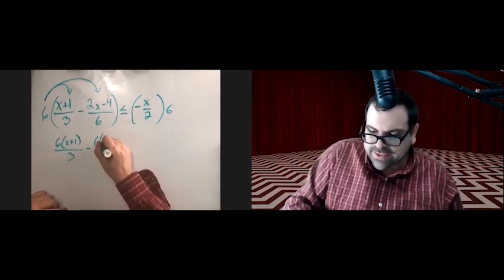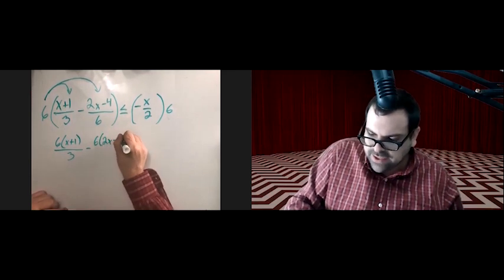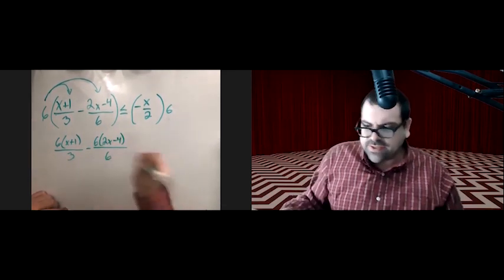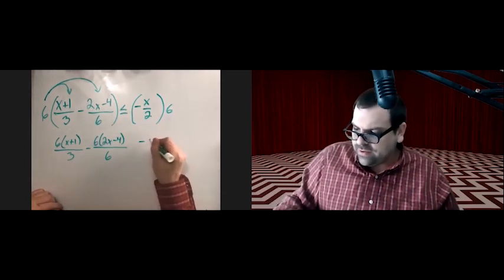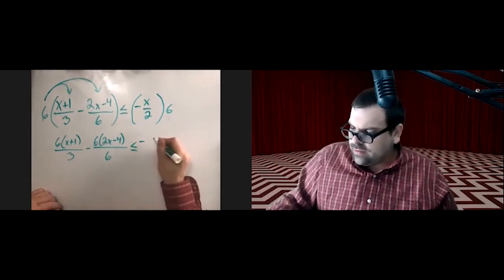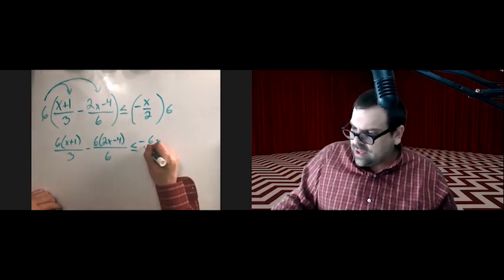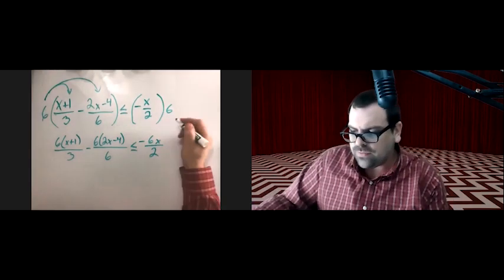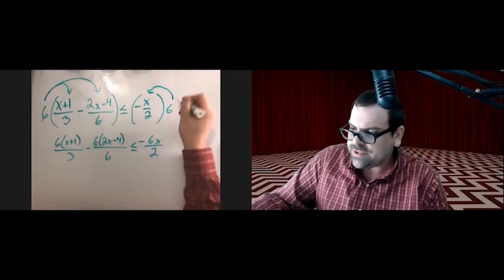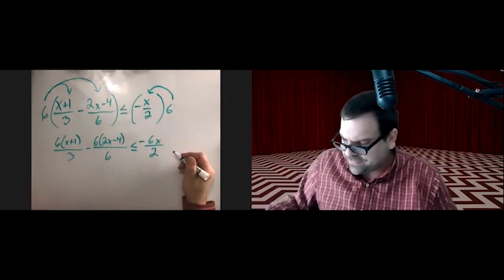It's like having a 6 times the 2x minus 4, all of that's over 6. And here, it's like having a negative 6x over 2 instead of just an x over 2. The 6 gets multiplied by that fraction.